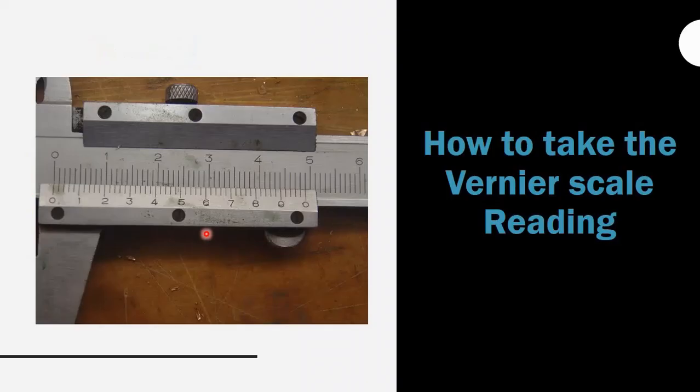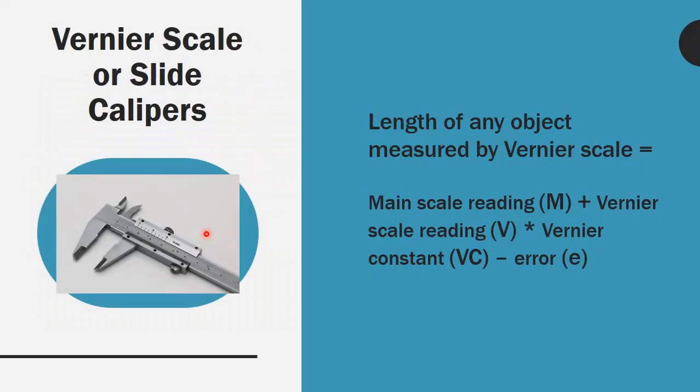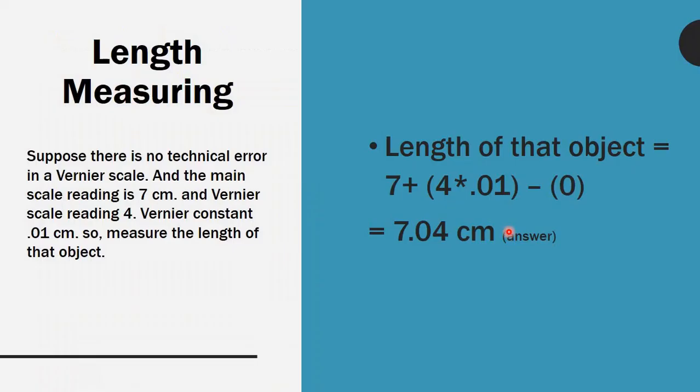We know the equation to measure the length: main scale reading plus vernier scale reading multiplied by vernier constant, minus error, if you have any error in your scale. This is the main scale reading, which is 7 centimeter, and this is the vernier scale reading, which I matched with the main scale using the vernier scale division, multiplied by the vernier constant 0.01.